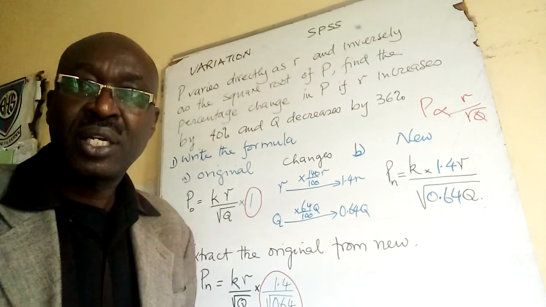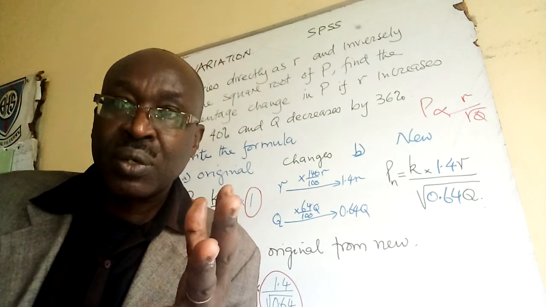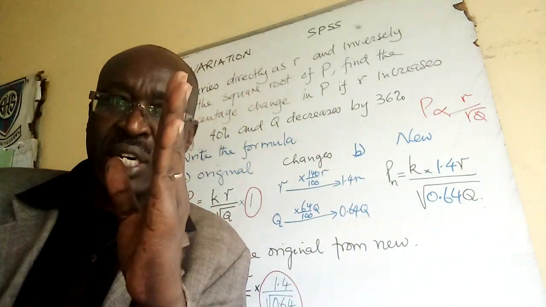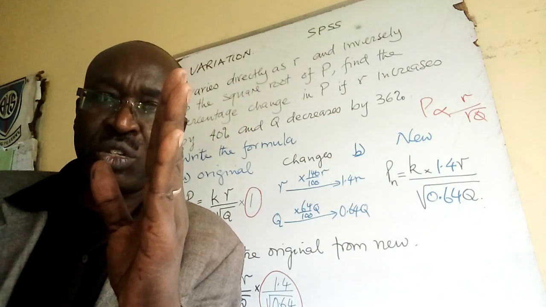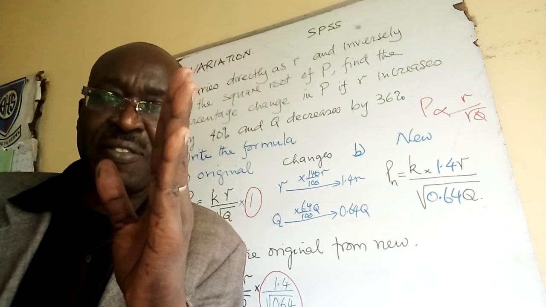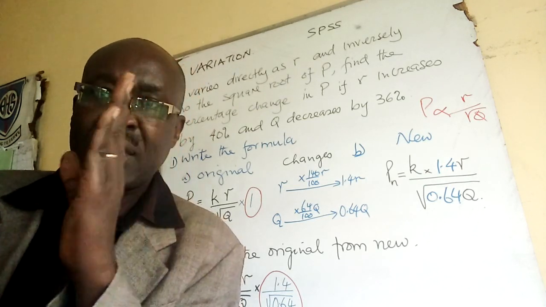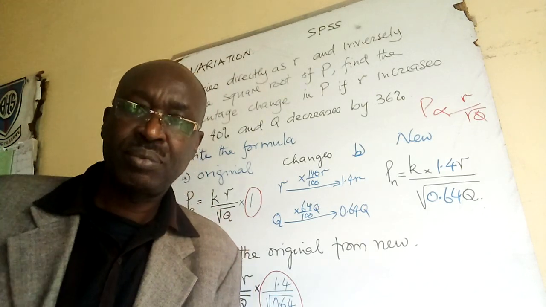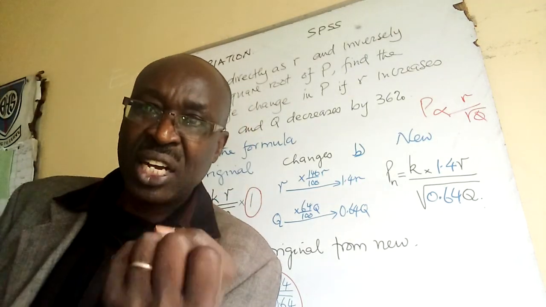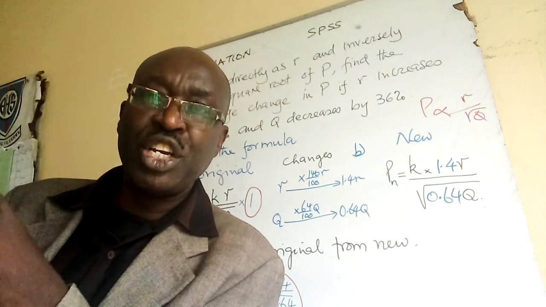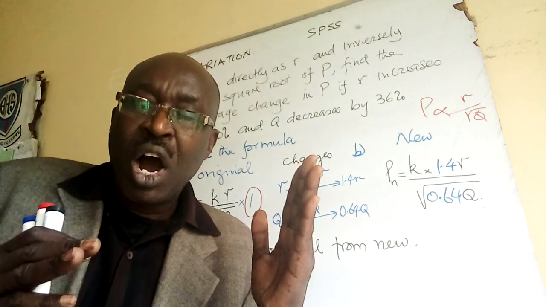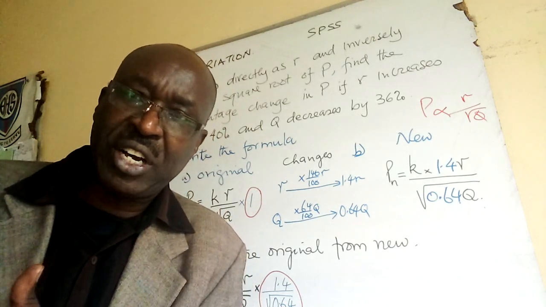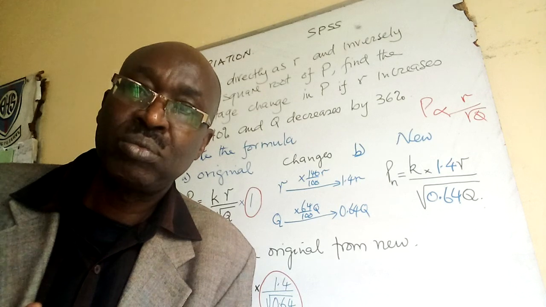Okay? In conclusion, write the original formula. Write the changes. Don't forget about those letters, because the percentages are applied to the letters. Substitute them accordingly. That is step number 1. Step number 2, extract the original from the new formula so that you have the black original and the new affected changes in blue.